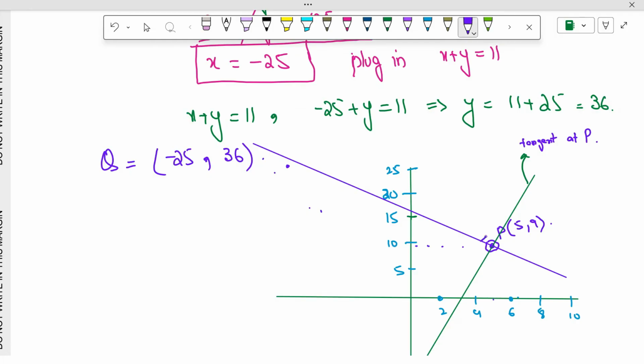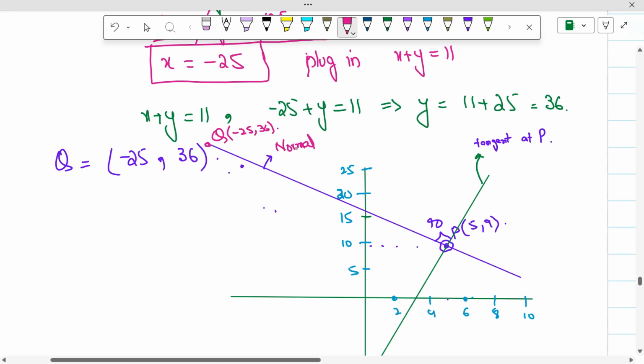So this one is supposed to be 90 degrees, and this one is the normal, and this normal line has the point Q, which is the intersecting point of the normal and the other line, x plus y equals 11. So this point is (negative 25, 36).